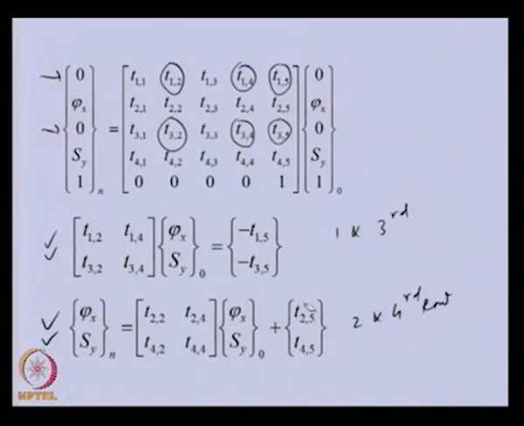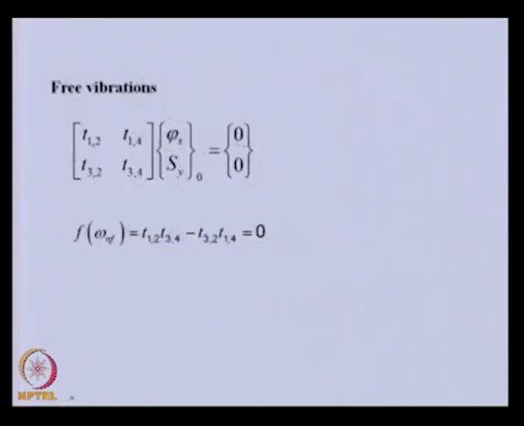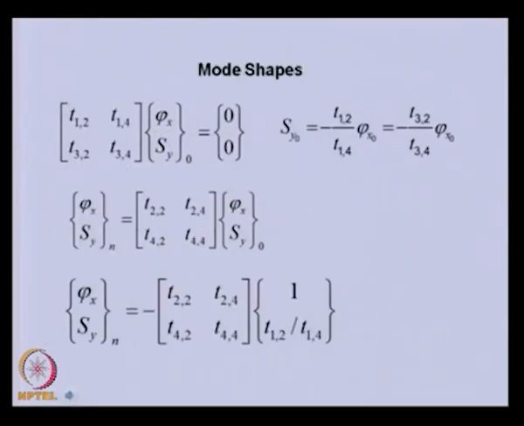Here we are equating this to 0 because there is no unbalanced force, and using this equation, let us assume this angular displacement as unity. So, we will be obtaining the mode shape with respect to this reference.